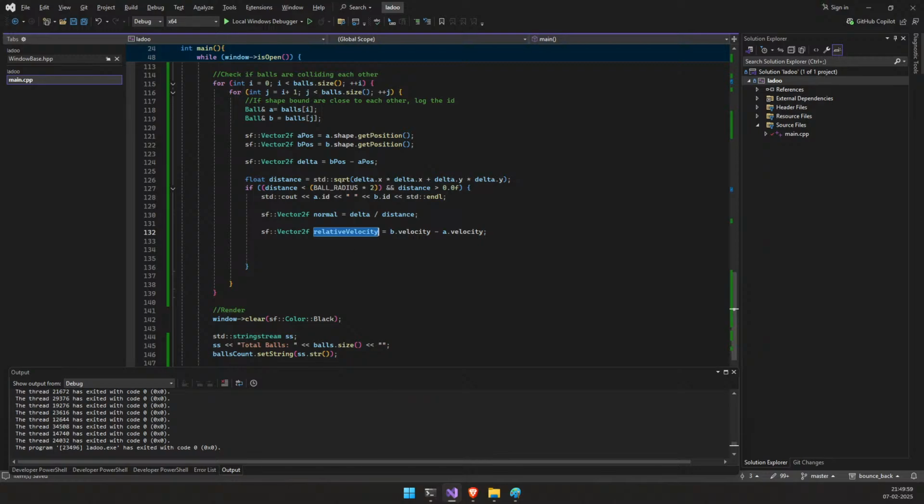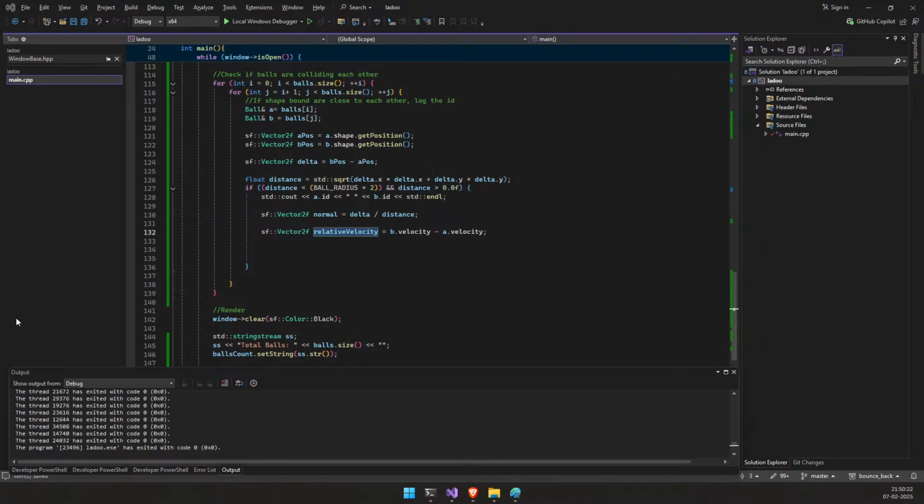Now ensure that the relative velocity is in the same direction as the normal. Just find the difference in velocity between the two balls. The balls are moving towards each other.